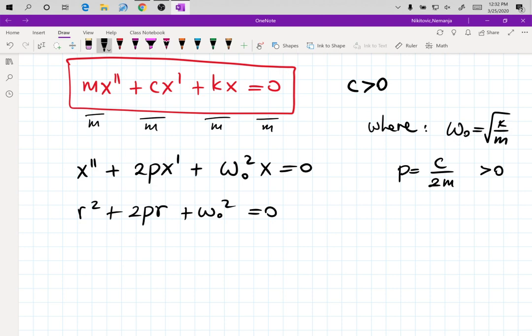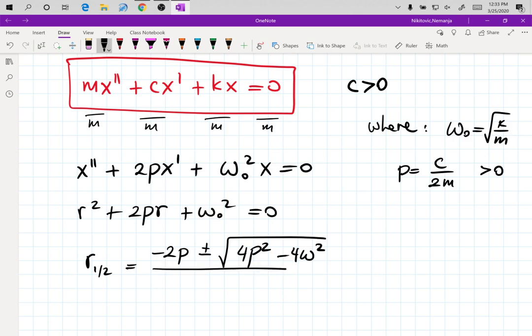No, sorry, not factor. We use the quadratic formula. R12 is negative b plus minus square root of b squared minus 4ac divided by 2a.